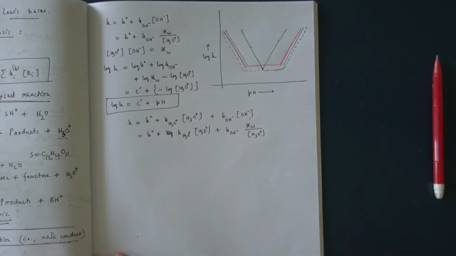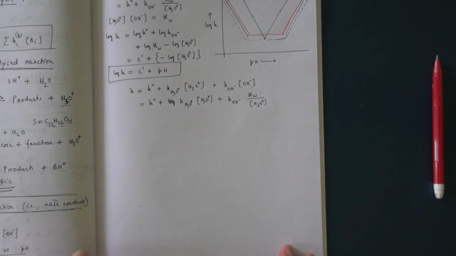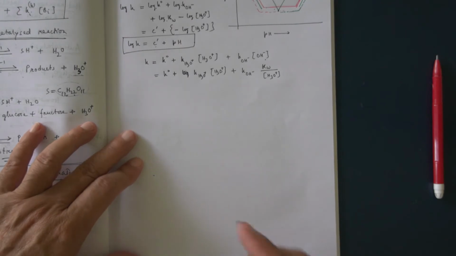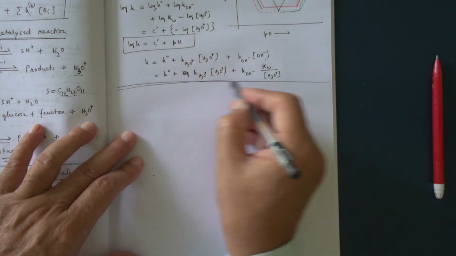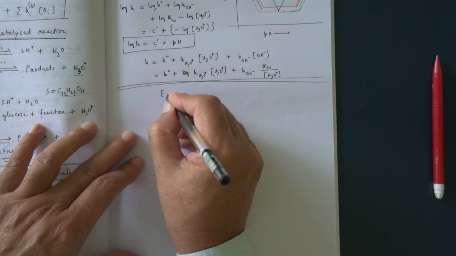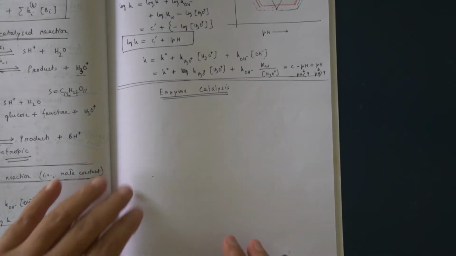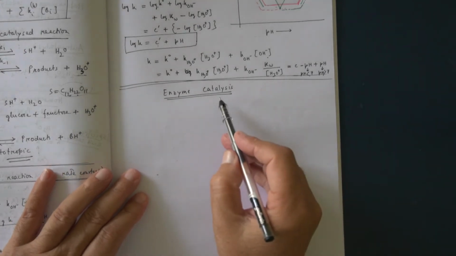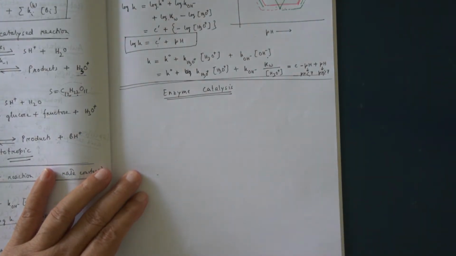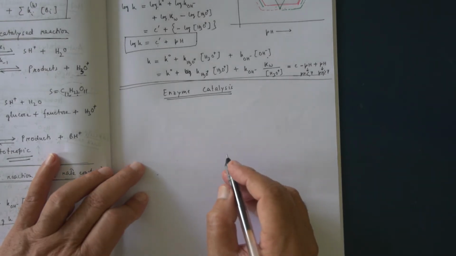Okay, so this is all about variation of the reaction with pH. Now let us discuss enzyme catalysis. So, you know, in our body so many reactions are going on, and almost all the reactions take place in the presence of enzymes, and enzymes are the catalysts.